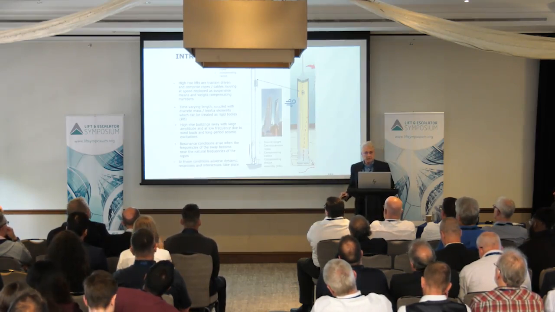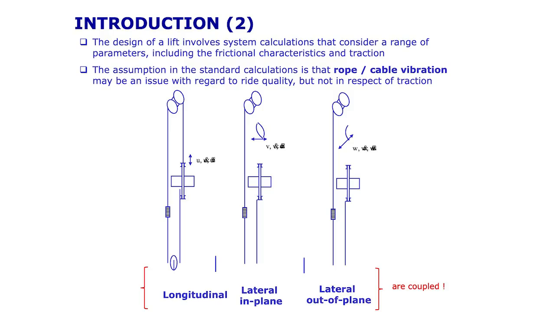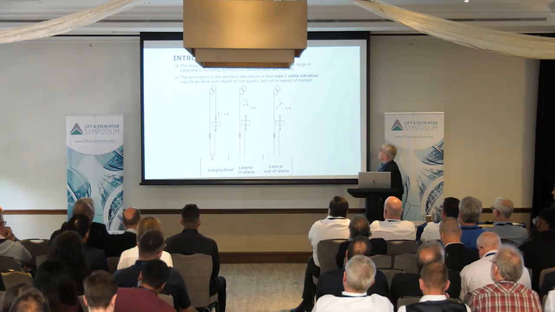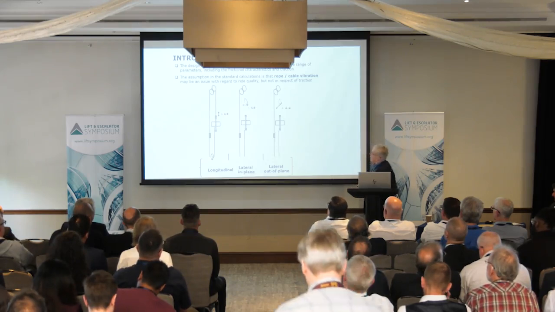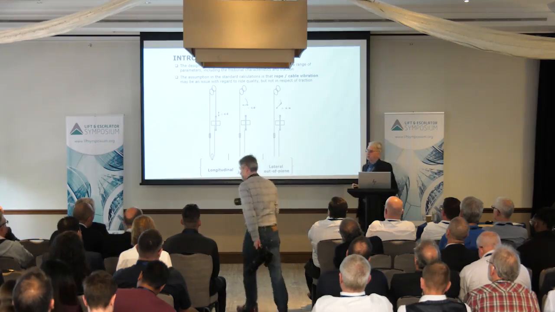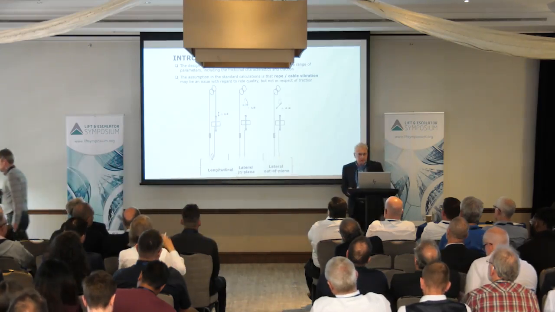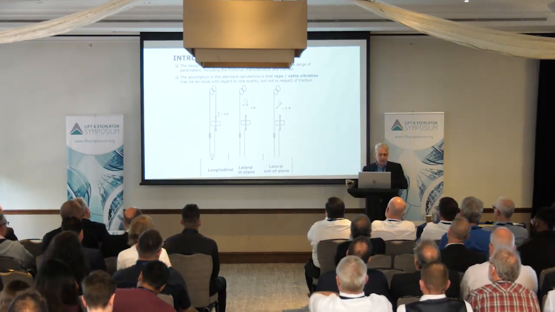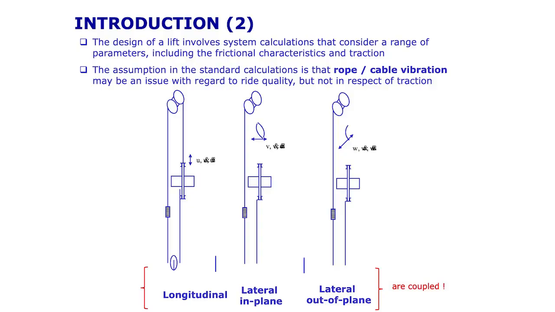So, adverse dynamic conditions. In terms of the design of lifts, we do calculations and consider a range of parameters, including friction and traction. However, in most calculations, following the standard, we do not accommodate rope vibrations. What we do accommodate is rope acceleration and how this affects the system.